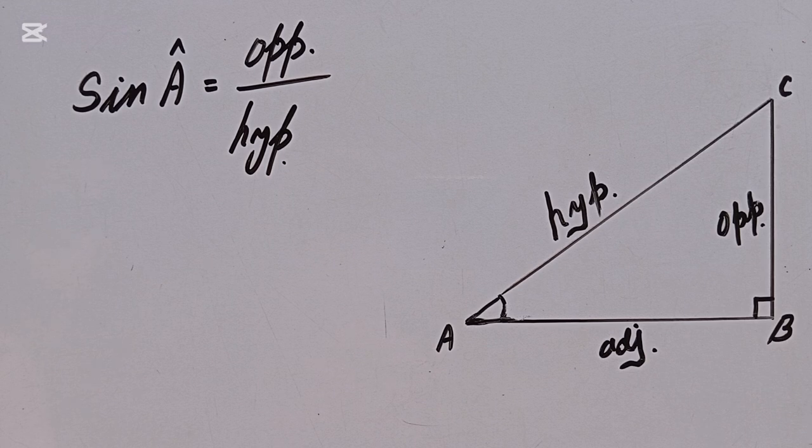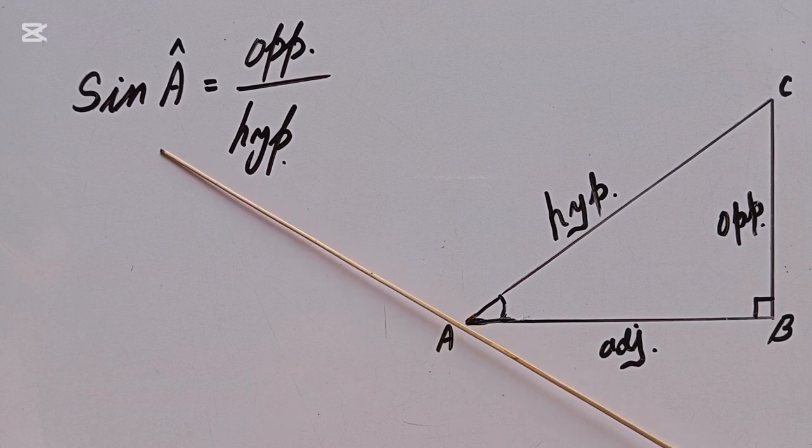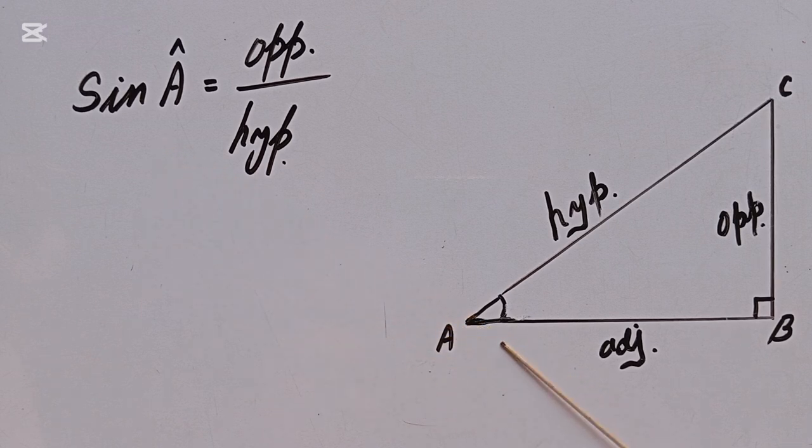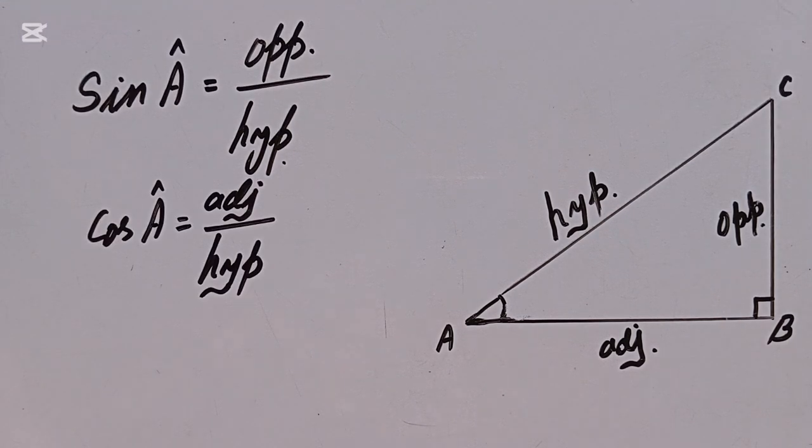The ratio between the opposite and hypotenuse is known as sine of the angle. So, sine of angle A is equal to opposite over hypotenuse. Then the ratio between the adjacent and hypotenuse is the cosine of the angle A. So cos of angle A is equal to adjacent over hypotenuse.